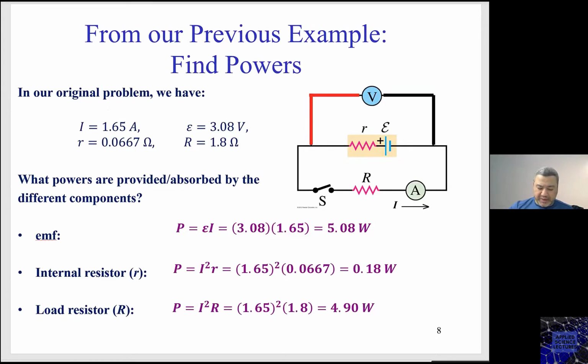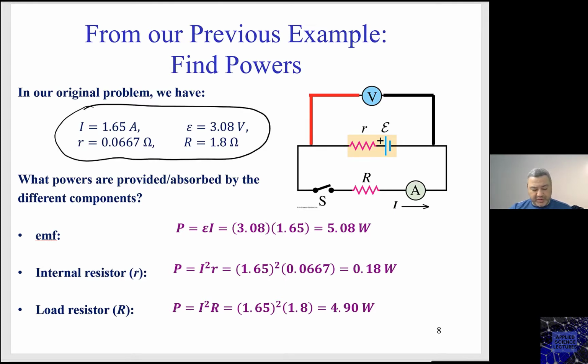In our last example here, we have the circuit that we just solved. The current, electromotive force, internal resistance, and the circuit resistance are given to me. We need to calculate what power is provided and absorbed by the different components. So let's start first with the electromotive force.